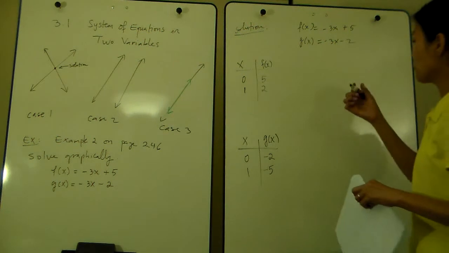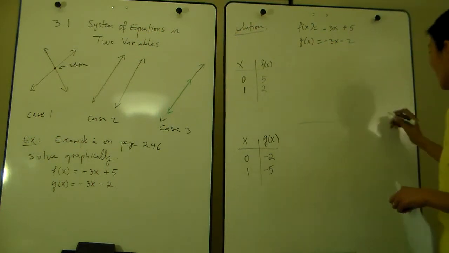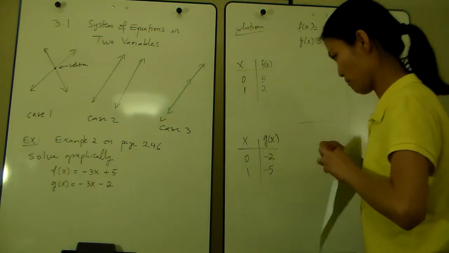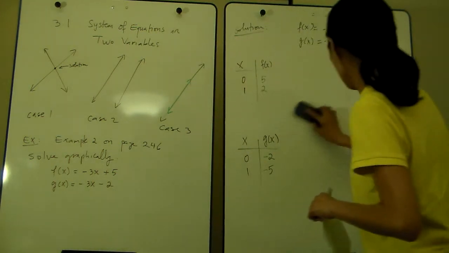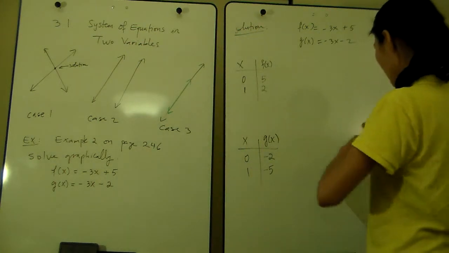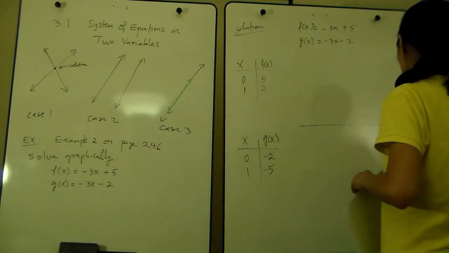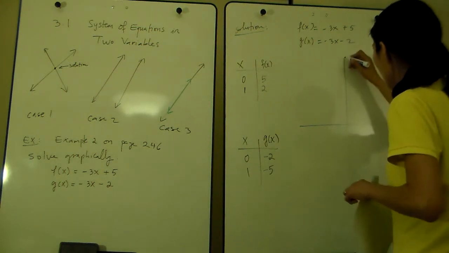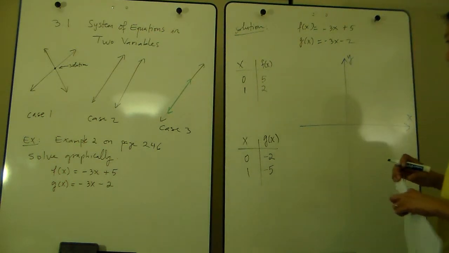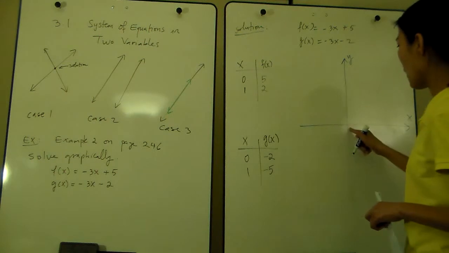Alright, now we have all the points. Let's graph it. So x, y. When x is 0, y is 5.